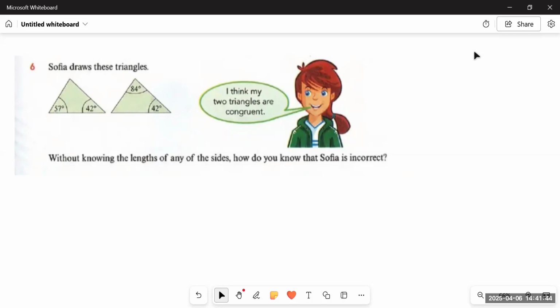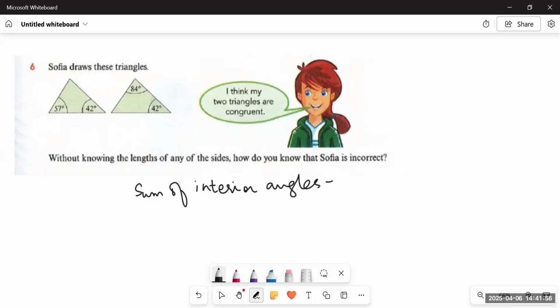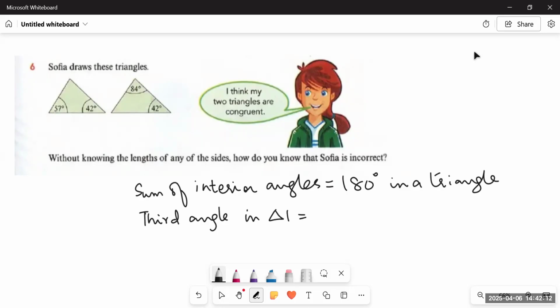What are we going to do? Since we know that the sum of interior angles equals 180 degrees, the third angle in triangle 1 equals 180 minus 57 minus 42.